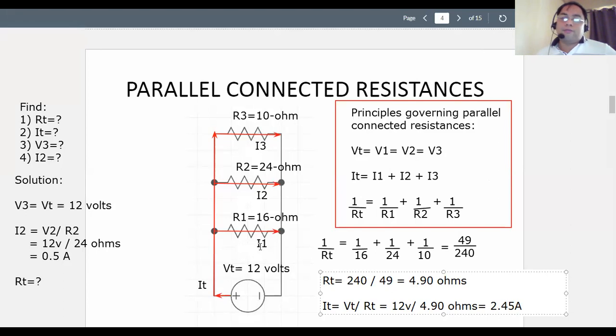If you do that, you can simply get the sum of I1, I2, and I3, and probably you will get an answer very close, if not exactly equal, to 2.45. But this is another approach, other than finding the individual currents. So that's our parallel connection. And again, please remember the principles that govern our parallel connection.